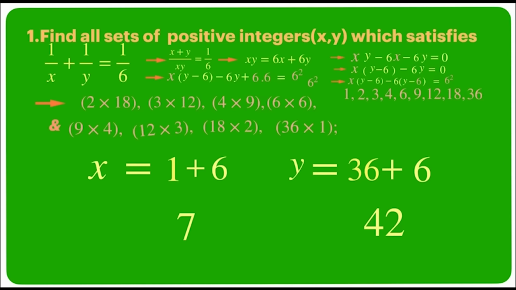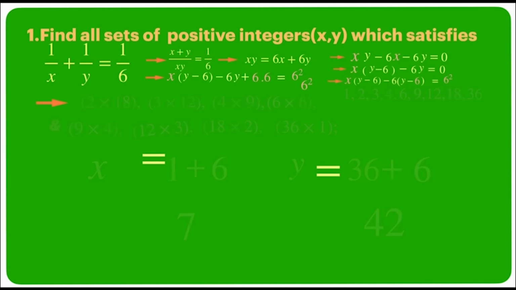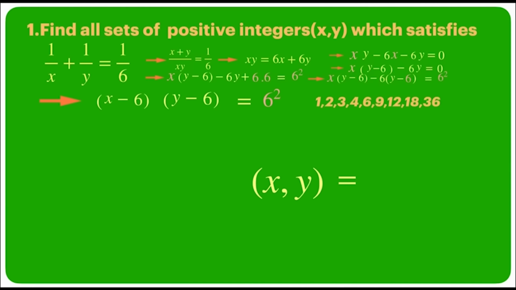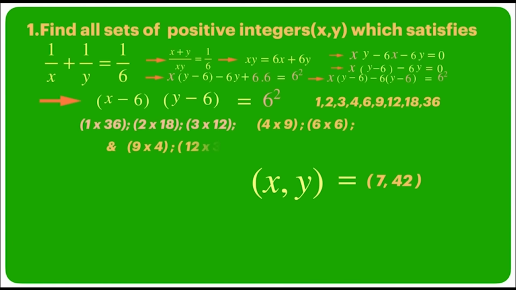So we get x equal to 7 and y equal to 42. We have got one set of values of x and y, that is 7 and 42, for the first pair of factors of 36, that is 1 into 36.